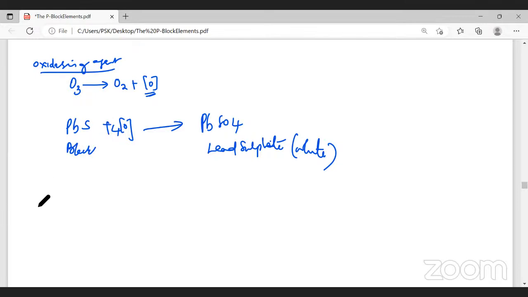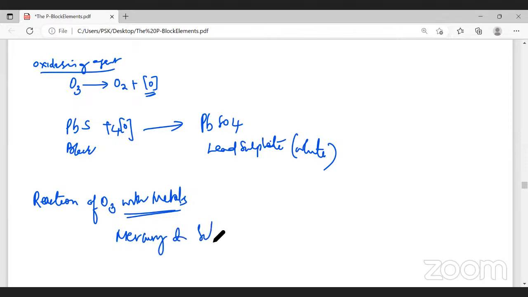Similarly, reaction of ozone with metals. Metals like mercury and silver react with ozone to give their respective oxides.